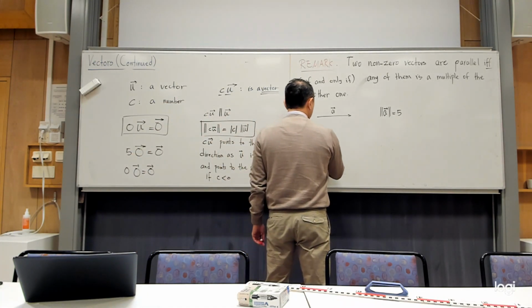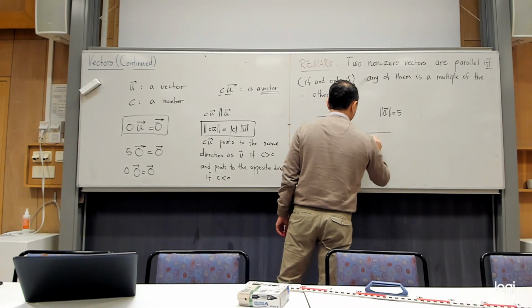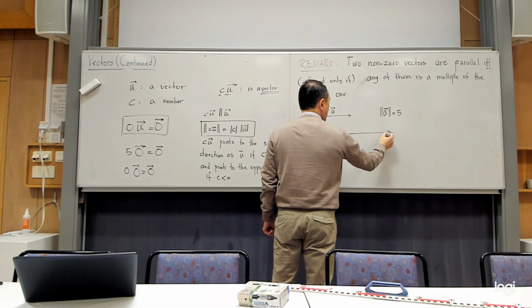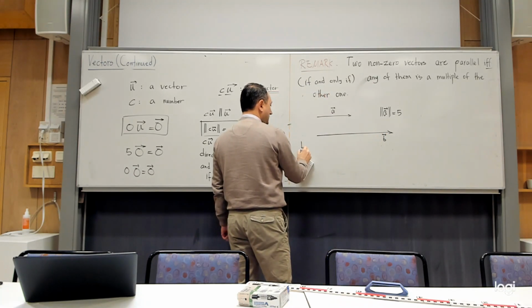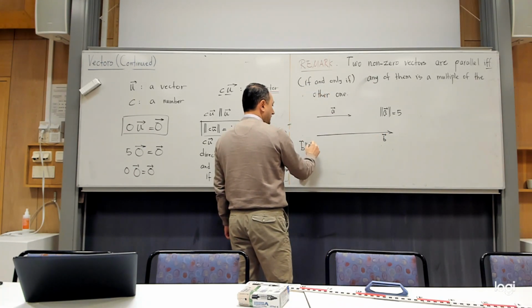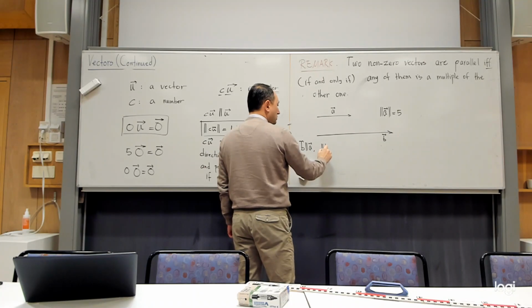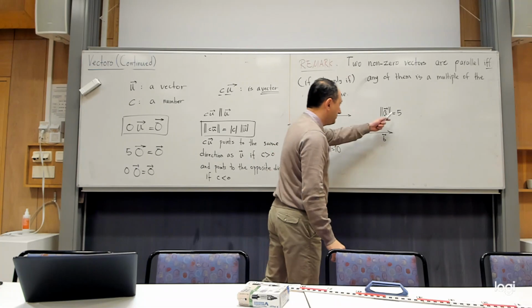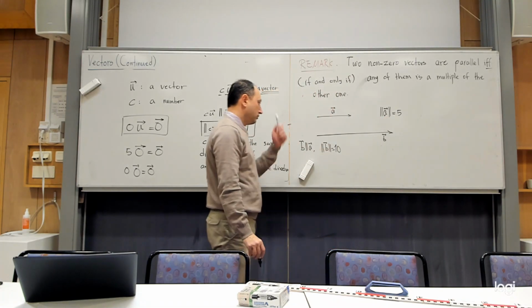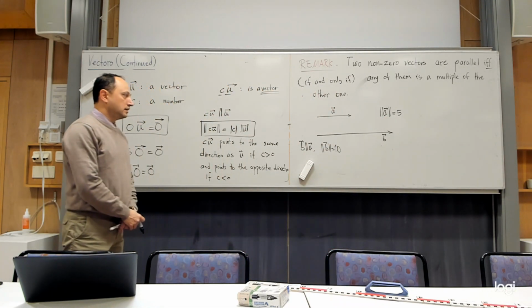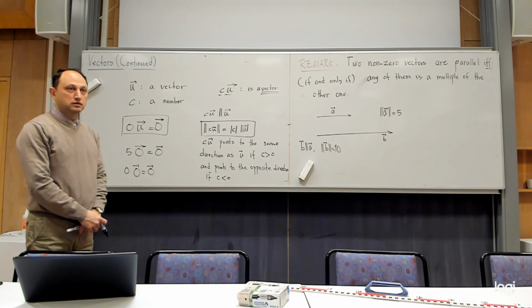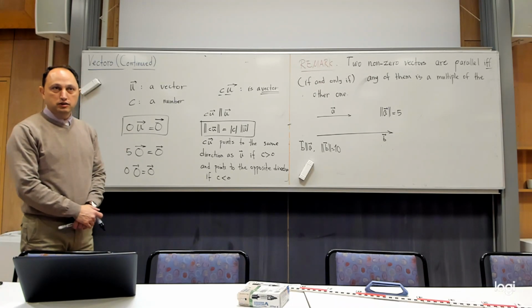Now I draw another vector parallel to A, so this vector B, I tell you that B is parallel to A, and I tell you that the norm of B is 10. 10, 5 length unit, 10 length unit, whatever it is. So can you tell me what is the relation between B and A? Yes? B equals 2A.